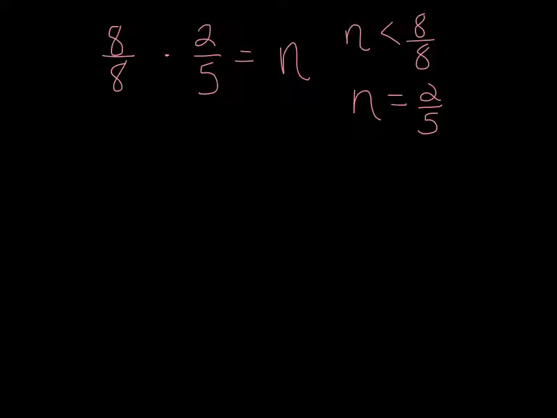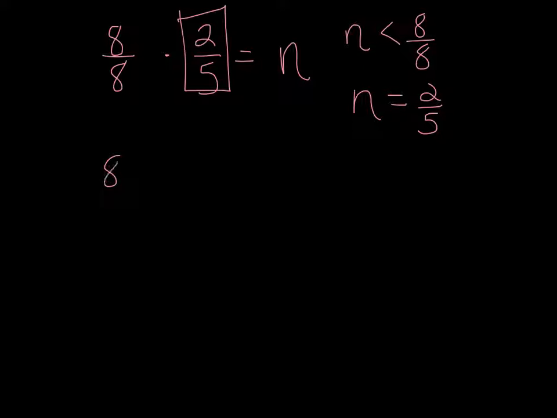I do want to call your attention to one of the examples from the last screen, 8/8 times 2/5. Now, we found that n was actually going to be less than 8/8, but it was going to be equal to 2/5. And the reason that n was going to be less than 8/8 was because the other factor was less than 1. So it was going to be less than 1, less than 8/8, which is 1.